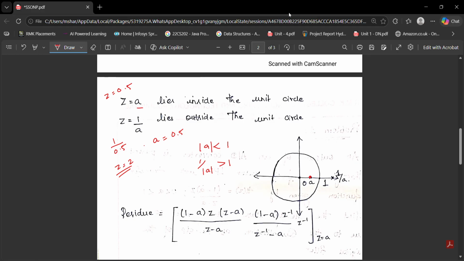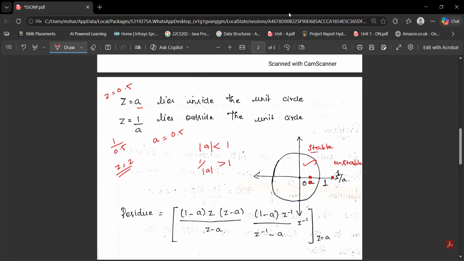So when I place these on the unit circle, here I will be placing a and here I will be placing 1 by a. In most cases this will happen. One more thing you should keep in mind is that the values inside the unit circle are considered stable, and the values outside the unit circle are considered unstable.